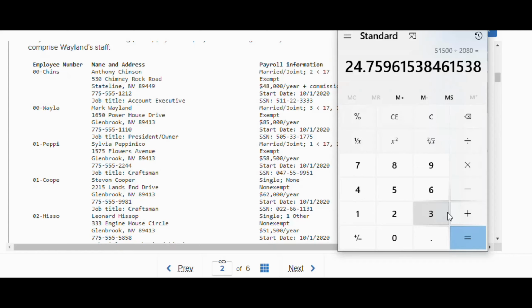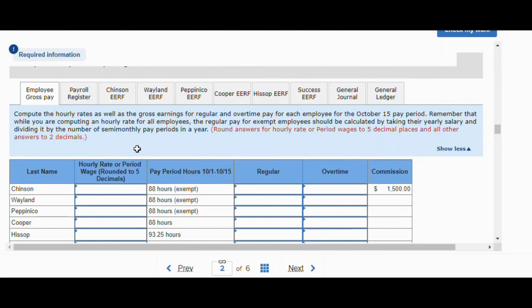In the event that Hyssop earns overtime, we will take the 24.75962 and multiply it by 1.5 for an overtime rate of 37.13943.